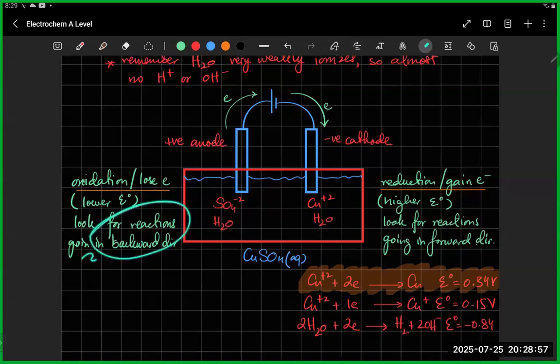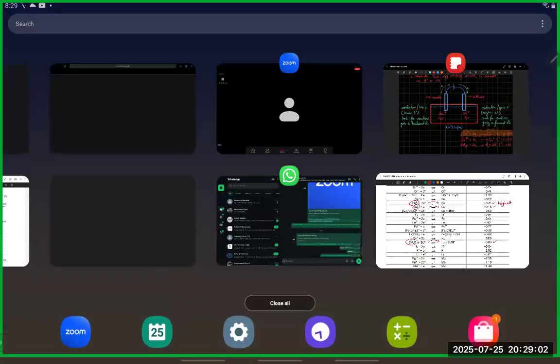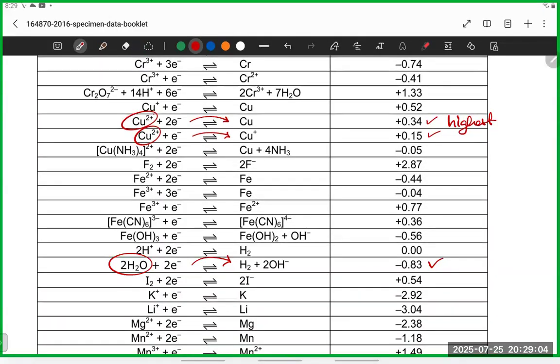So we're going to look for reactions in the backward direction. Sulfate and H2O must be on the right side because we want them to lose electrons, not gain electrons. So we're not going to look for equations in the forward direction.